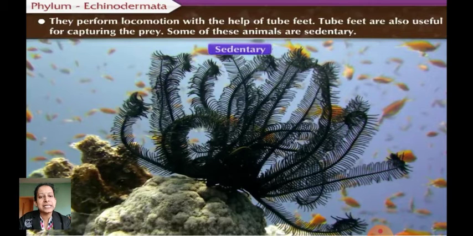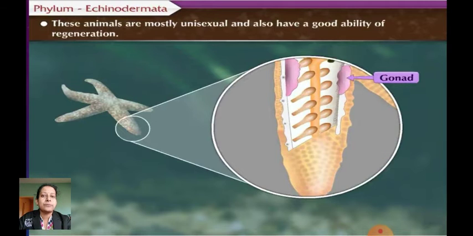So these are sedentary, some of them, not all, some of them are sedentary. Fine. Now these animals are mostly unisexual, that means male and female are separate, and they also have a good ability of regeneration.